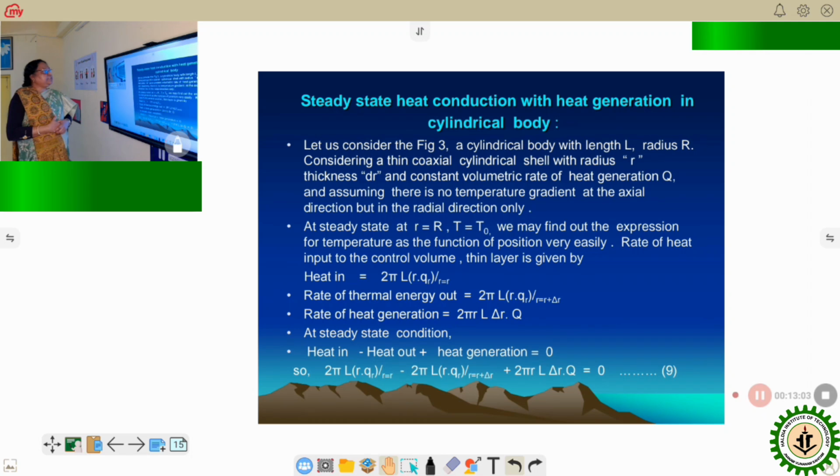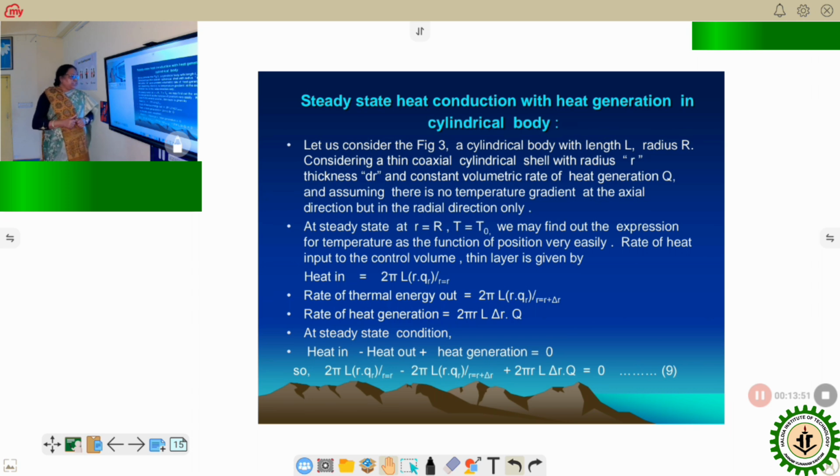Similarly, if we consider the steady state heat conduction with heat generation in a cylindrical body, we can consider that at steady state at r equals capital R, T equals To, and we may find the expression for the temperature as a function of position very easily. Considering a thin layer between Ri and Ro, the rate of heat input to the control volume is given by 2 pi L into r Qr at r equals r, and the rate of thermal energy out is equal to 2 pi L Q into r at r plus delta r.